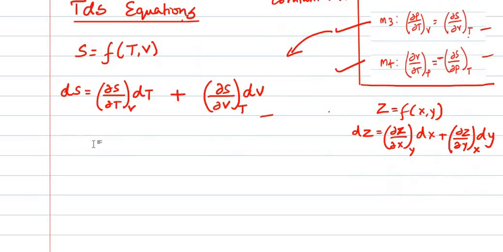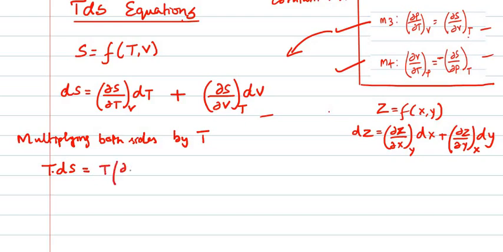So let us multiply the whole equation by T. Multiplying both sides by T, we get T dS is equal to T into dou S by dou T at constant volume into dT, plus T into dou S by dou V at constant temperature into dV.